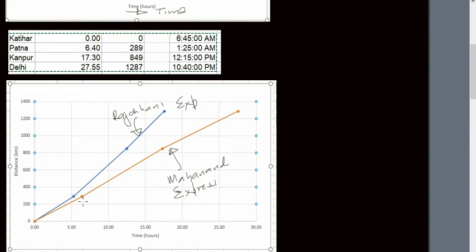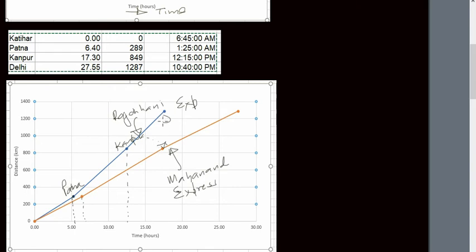So you see what's happening here is that Rajdhani reached Patna at this point in time, which is here. Mahananda Express took a little longer. Similarly, Rajdhani reached Kanpur. This is Kanpur at this time. So let me write, this is Patna. This is Kanpur. This is also Kanpur.